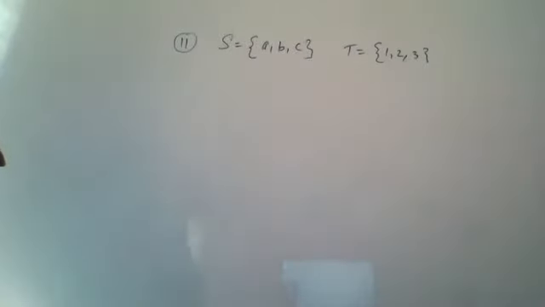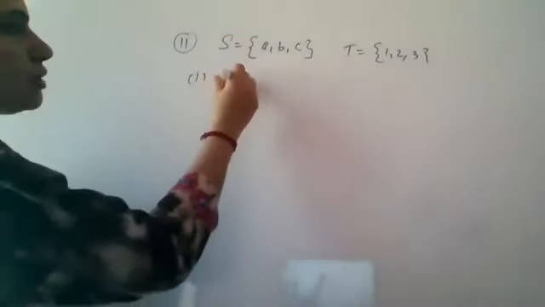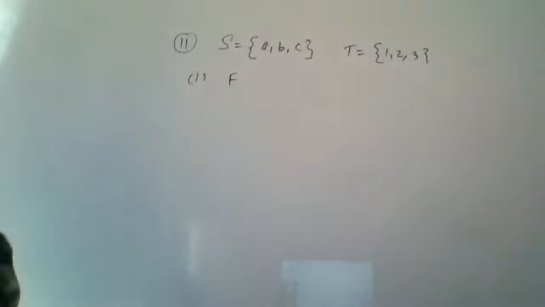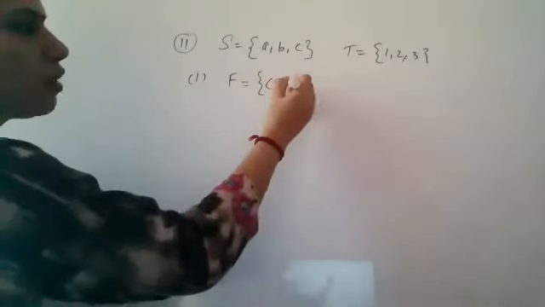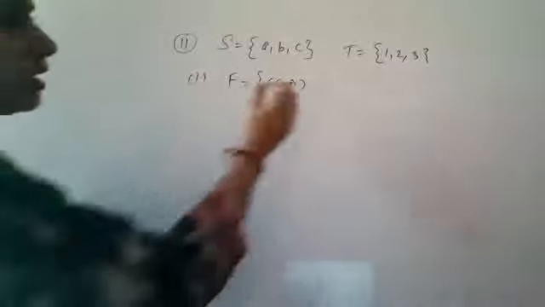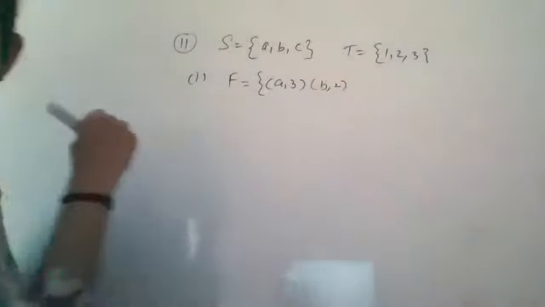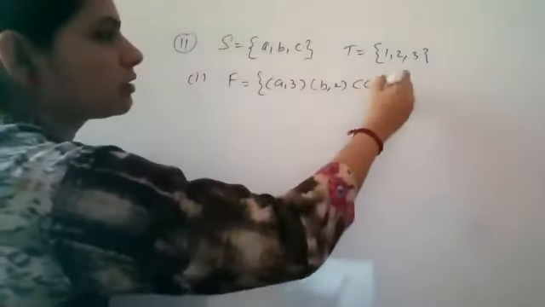You have to find out f inverse if it exists. That means for your first subdivision, the function is given as f = {(a, 3), (b, 2), (c, 1)}.